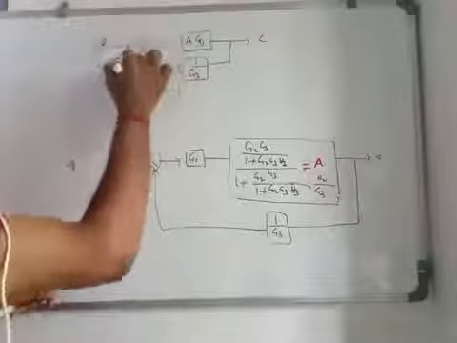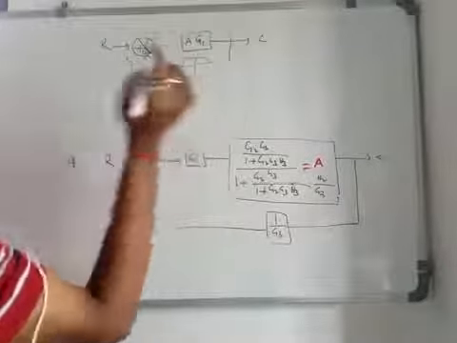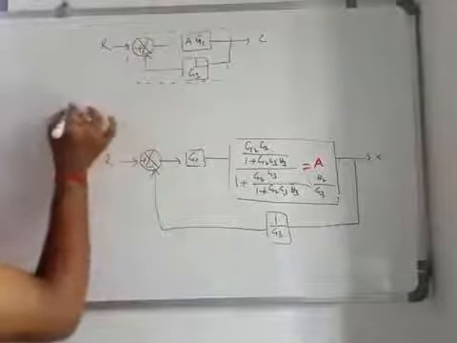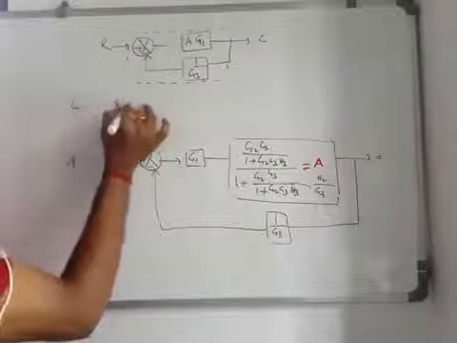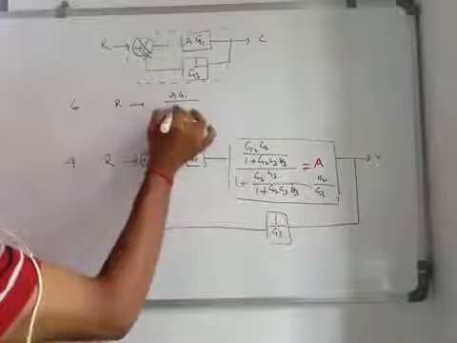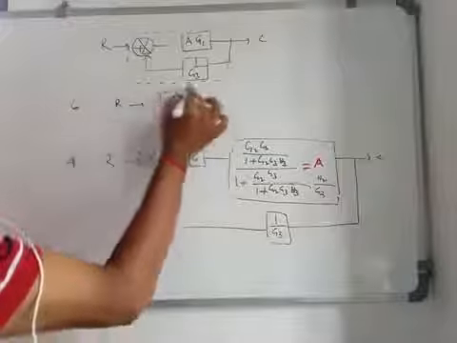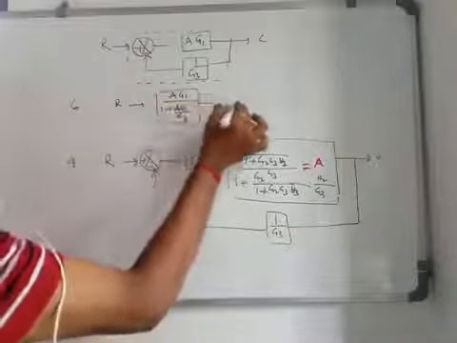Now you see, this is your common known block, so you can write R, A G1 by 1 plus A G1 by G3. So this is your C.